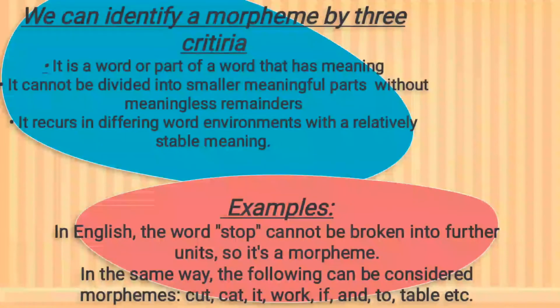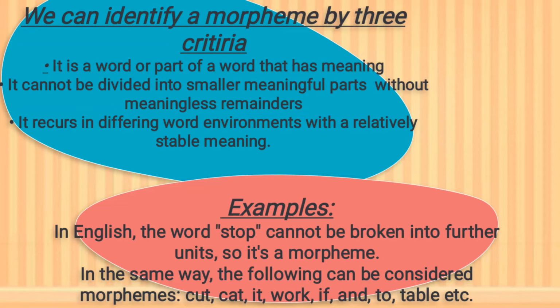We can identify morphemes by using 3 criteria. 1. It is a word or part of a word that has meaning. 2. A morpheme cannot be divided into smaller meaningful parts without meaningless remainders. 3.